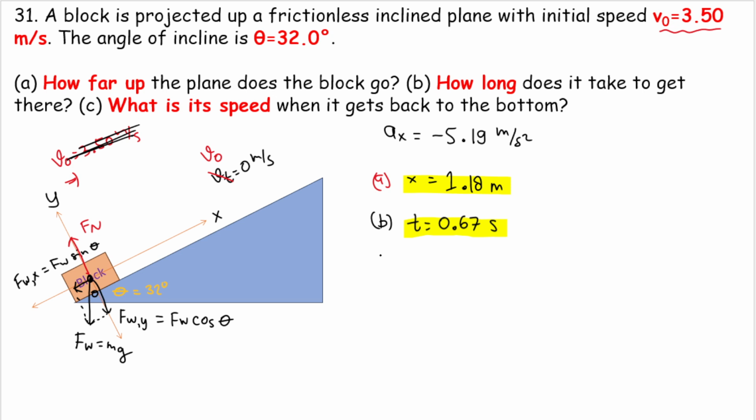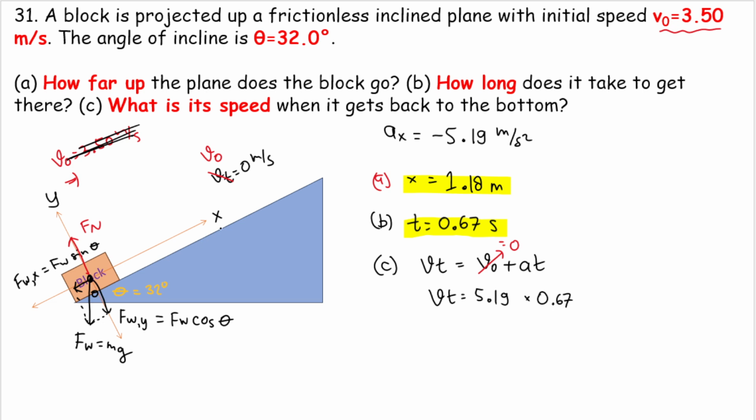For question C, we have Vt is equal to V0 plus at, and our V0 here is equal to 0, because the block starts from rest here, and the acceleration is the positive version of this one. So Vt is equal to 5.19 multiplied by the time, 0.67.